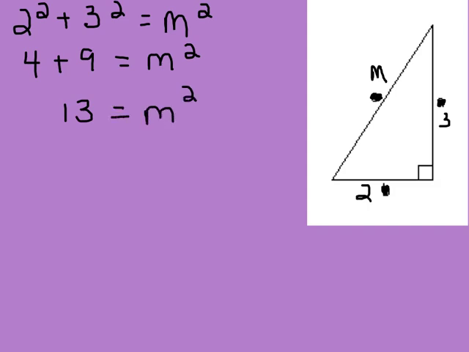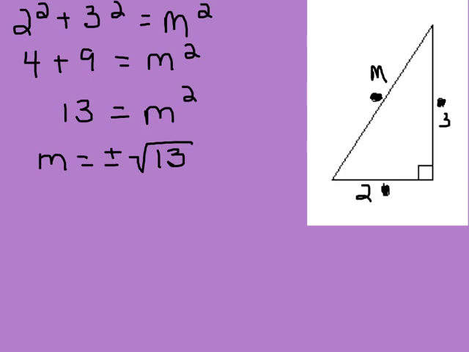Now we use the difference of two squares to say that M equals plus or minus the square root of 13.